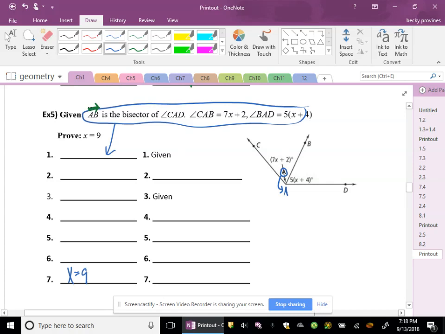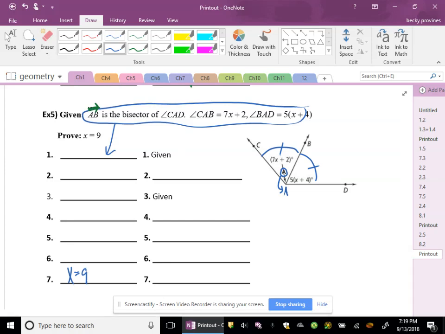Okay, what can we do? When you read this, ray AB is the bisector of angle CAD. Do you realize they're making you know a vocab word? They're making you use the vocab word bisector. So what does bisector mean? Bisector means you're cutting something in half. So I know these two angles are equal. So can you tell me the name of those two angles?